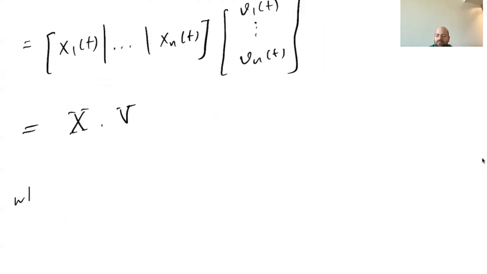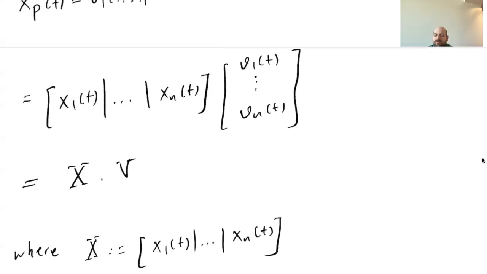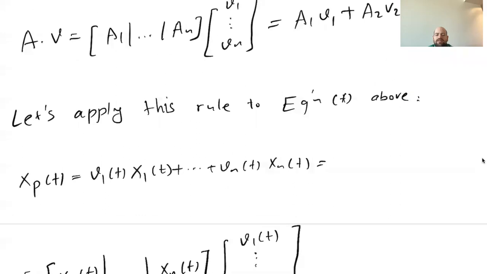Where capital X is defined as this matrix x1 of t to xn of t, and capital V is defined as this vector v1 of t to vn of t. Again, let me remind you one more time that each xi here is a vector, each vi is a scalar.